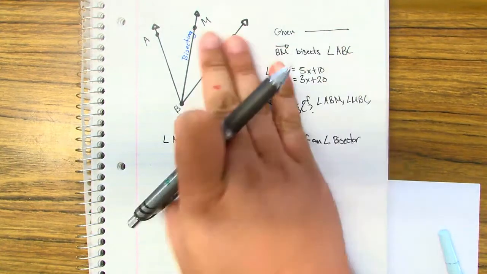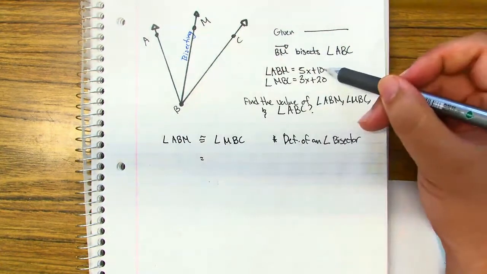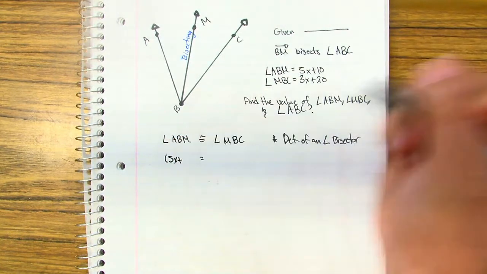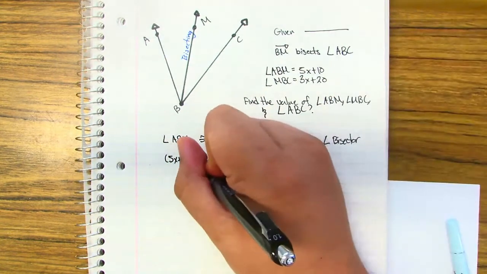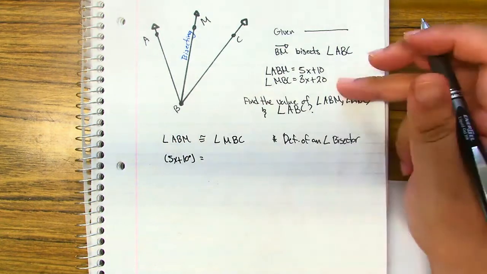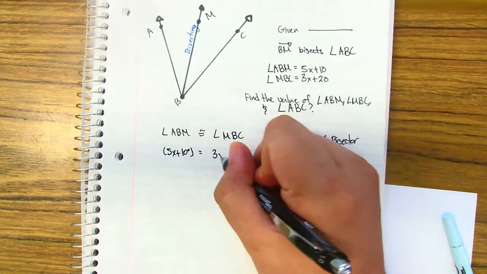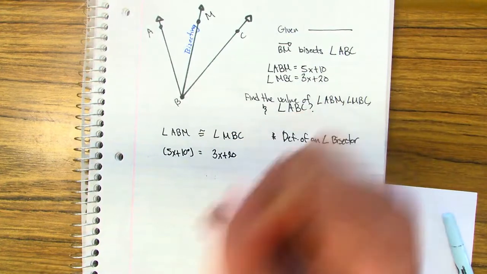You can substitute the value of ABM, which is given here, as 5x plus 10 degrees, and MBC is 3x plus 20.